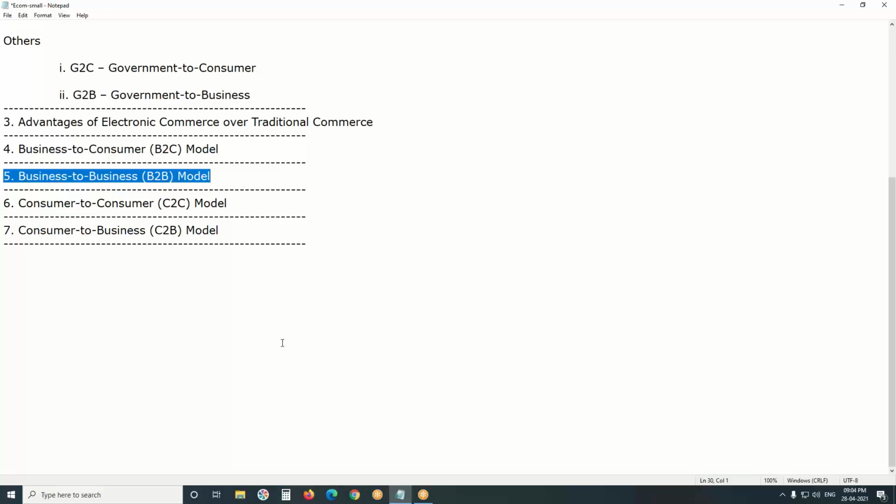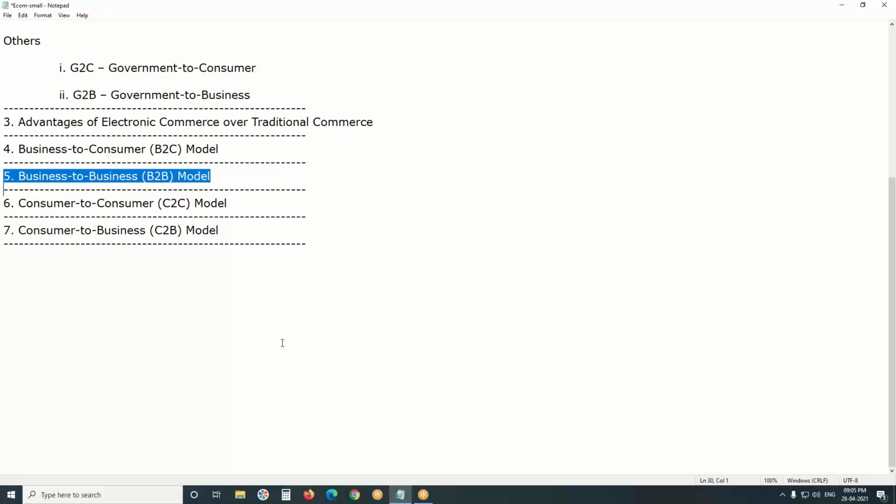Business to business is a transaction or business conducted between one business and another, such as a wholesaler and retailer. Next, B2B transactions tend to happen in the supply chain, where one company will purchase raw materials from another to be used in the manufacturing process.